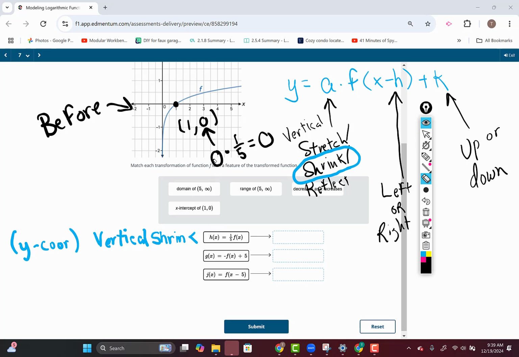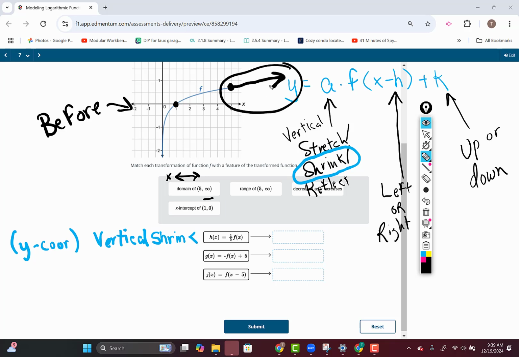And then if we went through the other answer choices, we can pretty clearly see the other answer choices don't work here either. Domain from 5 to infinity: the domain is talking about the x's and how far we're moving left and right. If the domain goes from 5 to infinity, we'd just be looking at this point and everything to the right. But the blue graph, the original, clearly moves to the left of that.